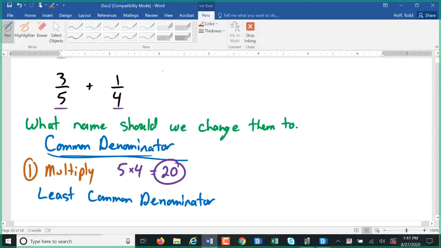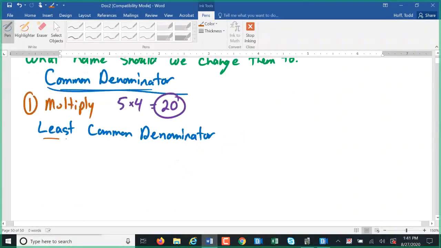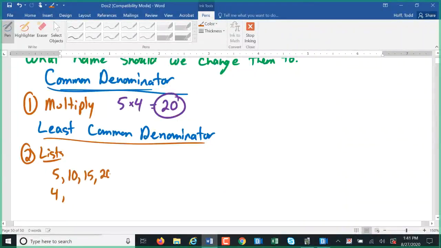Other methods that have been used for finding the least common denominator might be to make lists. In other words, you start with the 5 and with the 4, and you count up, or you do multiples. 5 times 1 is 5, 5 times 2 is 10, 5 times 3 is 15, 20, 25, 30, and on up. 4 times 1 is 4, 4 times 2 is 8, 4 times 3 is 12, 16, 20.